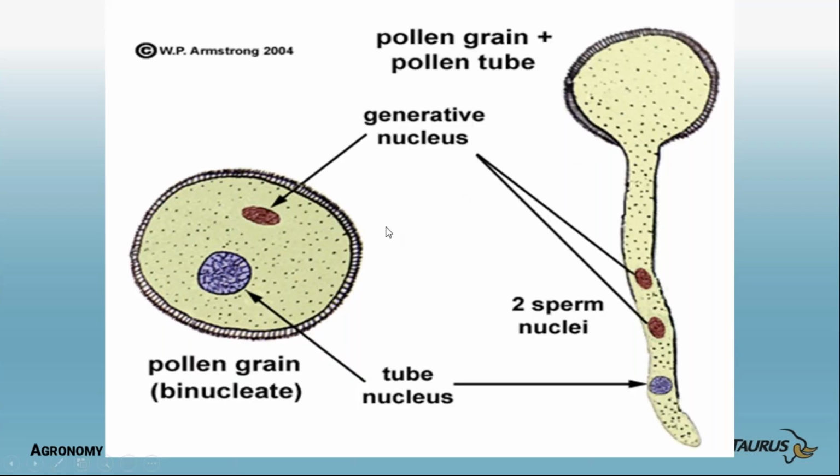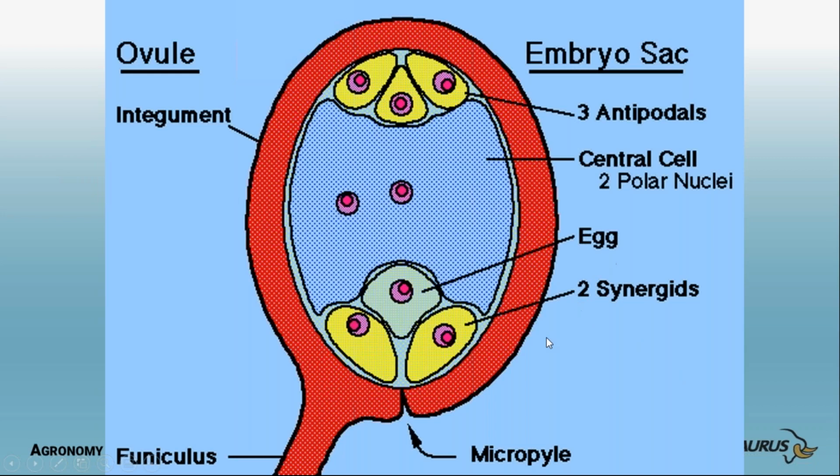So here's what happens. It's just a simple diagram. The pollen grain germinates, and there's a hole. It pops open here. There's little ports. It grows out, and on the way it splits. The nucleus produces 2 sperm cells, and then it's got a tube nucleus as well for growing that. And this is simple.